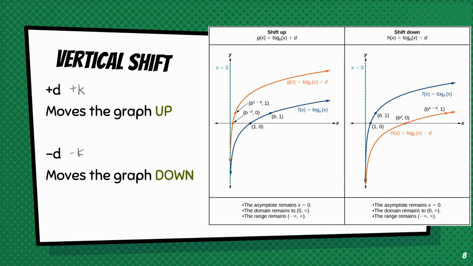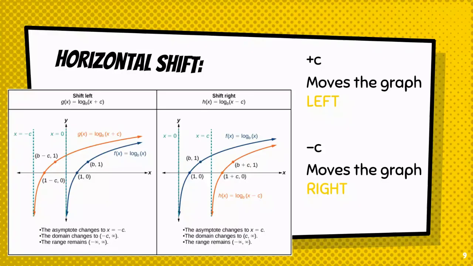Moves the graph up or moves the graph down. The asymptote stays the same. So this is a little different than exponential, but the points would be different, okay? They would be moving up or down. This one is a little more difficult to see, I think. You have to be kind of careful about figuring that out because you can't relate to the asymptote, okay?